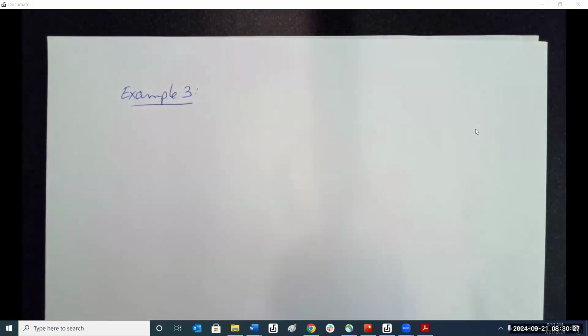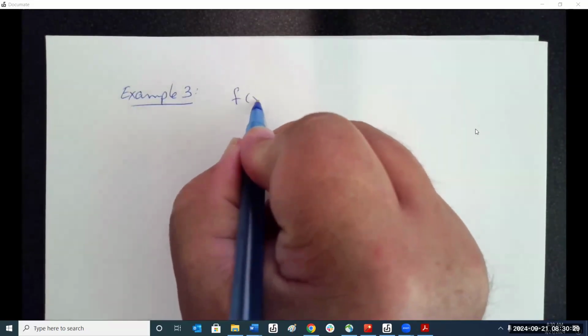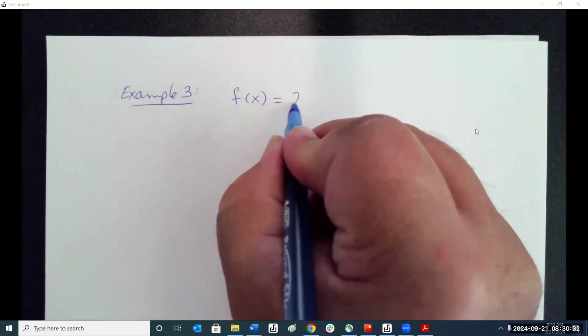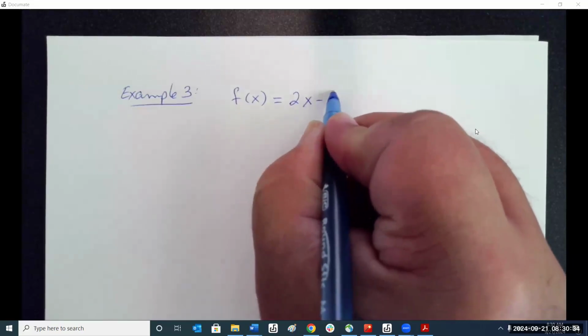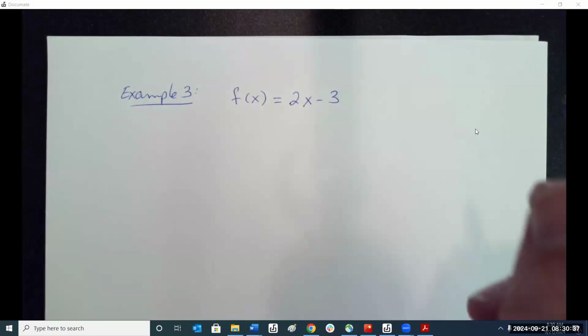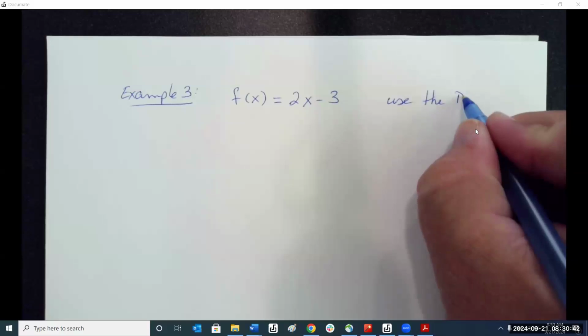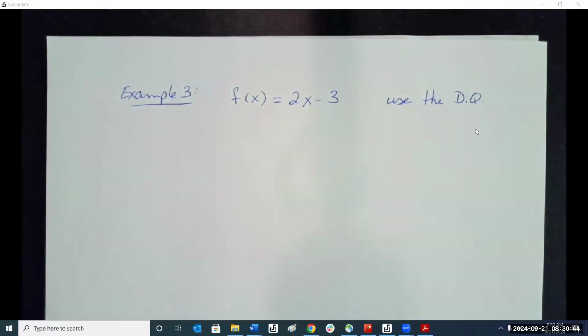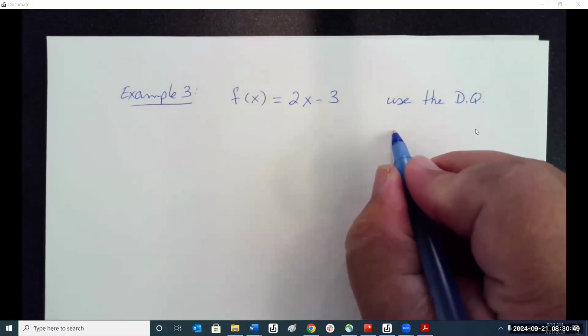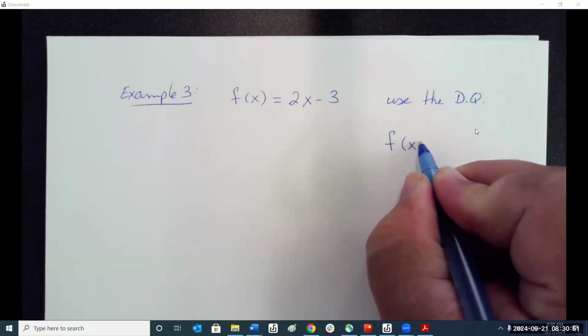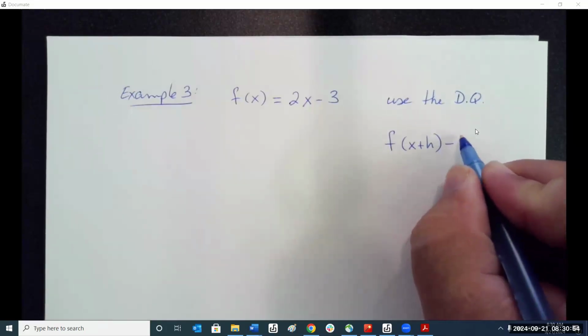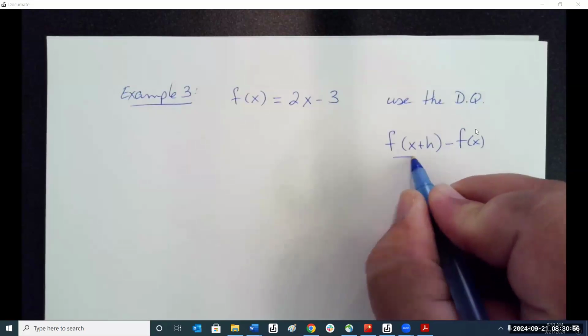So example 3. We're given this equation: f of x equals 2x minus 3. Use the difference quotient and simplify. Remember, the difference quotient looks like this: f of x plus h minus f of x all over h.